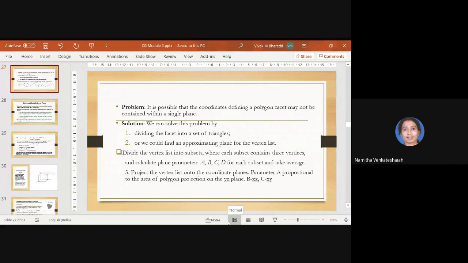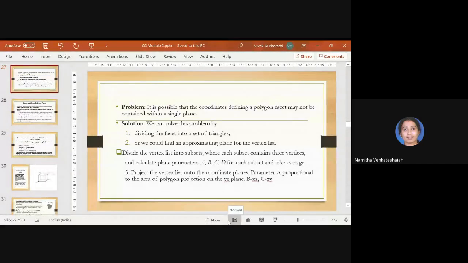For that, we could find an approximating plane for the vertex list and divide the vertex list into subsets, where each subset contains three vertices, and calculate plane parameters A, B, C, D for each. Okay, what I am doing, I am considering the vertex list.